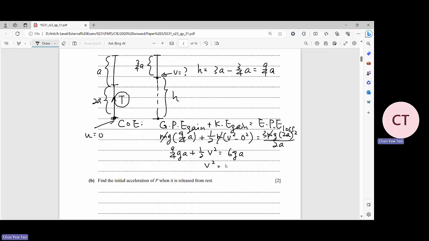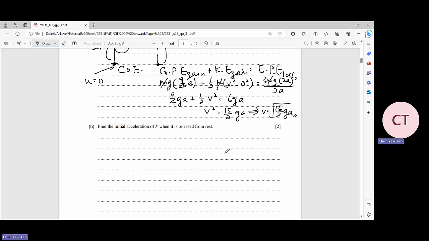So your v squared, just use your calculator, 6gA minus 9/4 gA, you will get 15/2 gA. They want to find v, just square root it. So your answer will be the square root of 15/2 gA. That is the answer for part A.